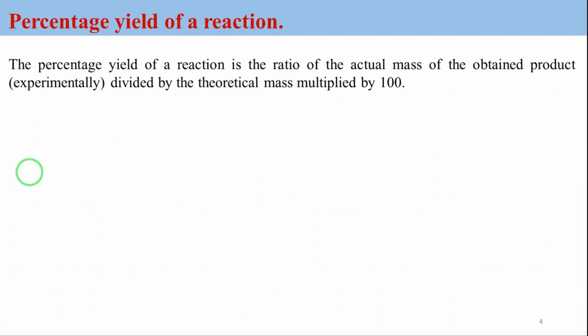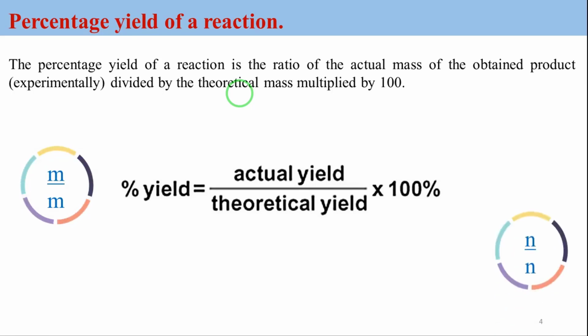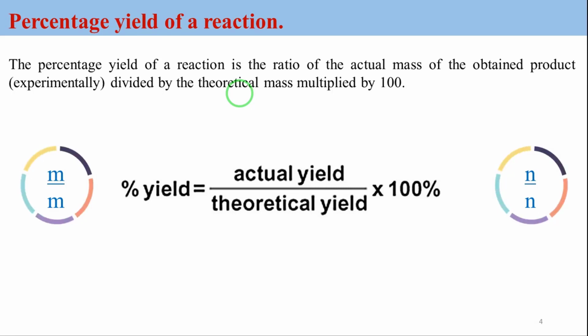So how do we calculate the percentage yield? The percentage yield of a reaction is the ratio of the actual mass of the obtained product, which is the experimental quantity, divided by the theoretical mass, multiplied by 100. This ratio may depend on the mass, or maybe on the number of moles.